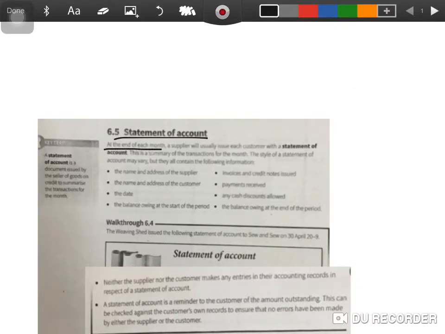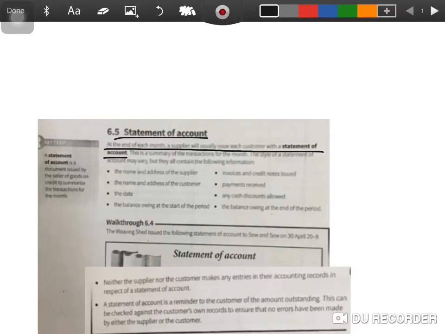At the end of each month, a supplier will usually issue each customer with a statement of account. If you have ever dealt with a bank, obviously if you have a bank account, at the end of the month the bank sends you an account statement, right? Because you're one of the many customers that the bank has.